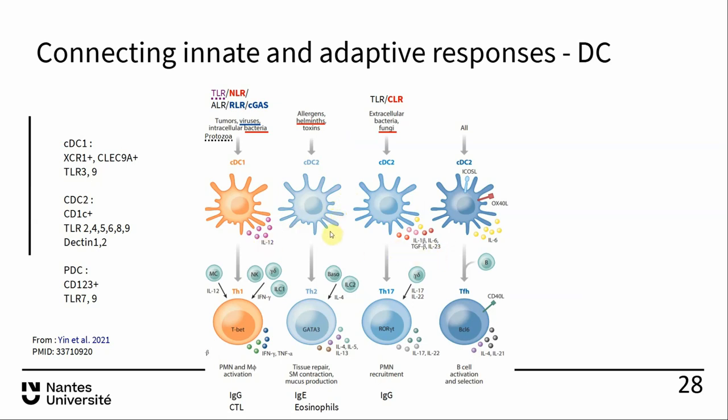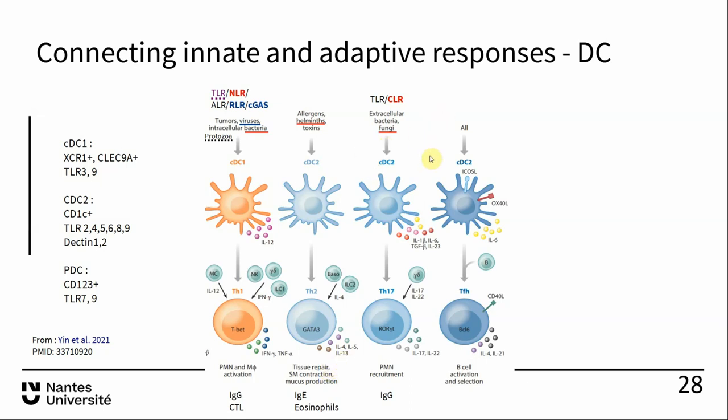And then the default situation would seem to be that if activated dendritic cells present antigen to naive T cells without IL-12 and without IL-23, and also without the presence of TGF-beta, then these T cells will differentiate along a Th2 pathway.